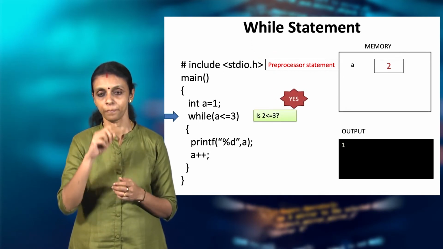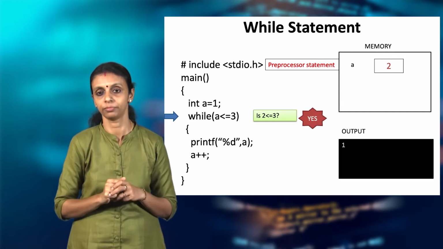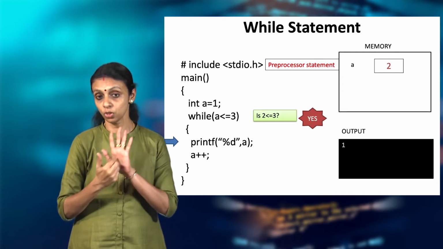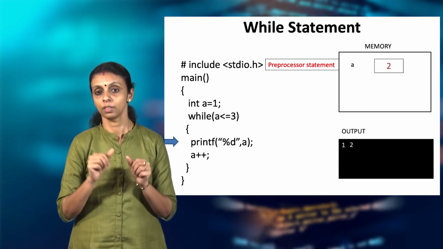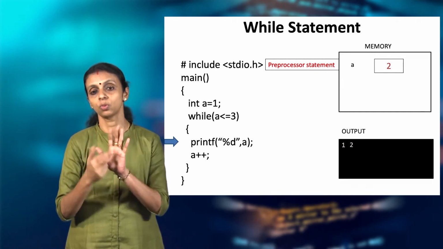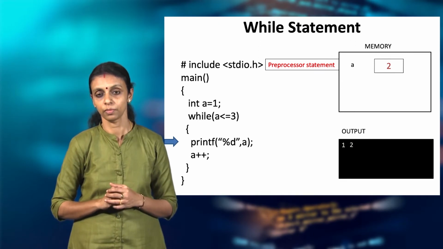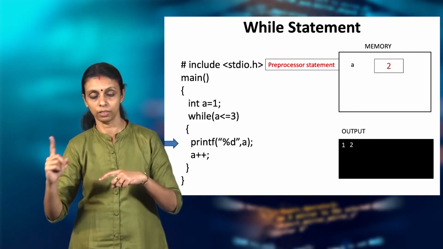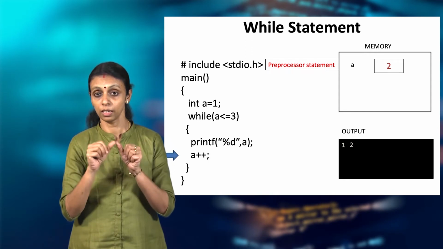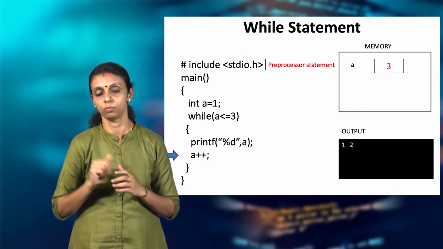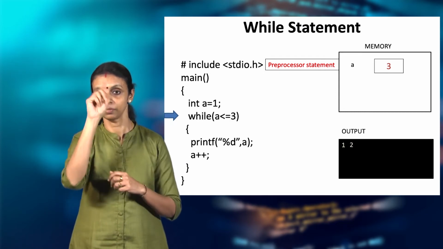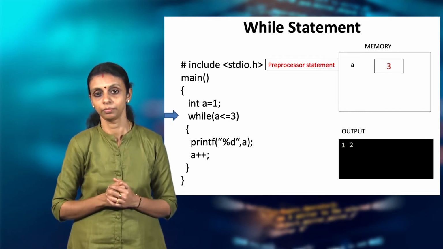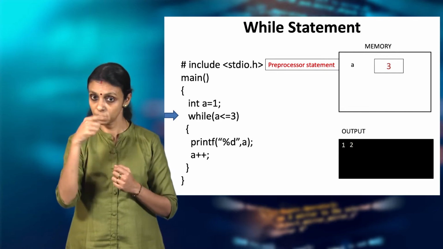Is a less than or equal to 3? Yes. Again it enters loop, prints value of a, that is 2. Increments the value of a, that is a is equal to 3. Loops back to while condition, checks it.